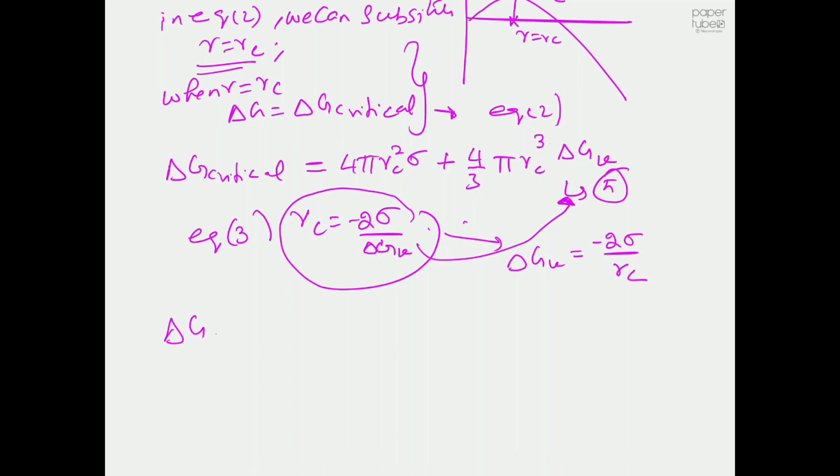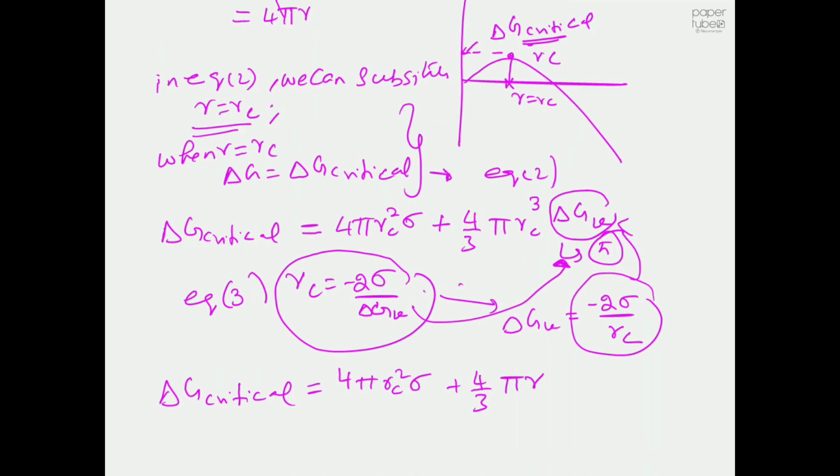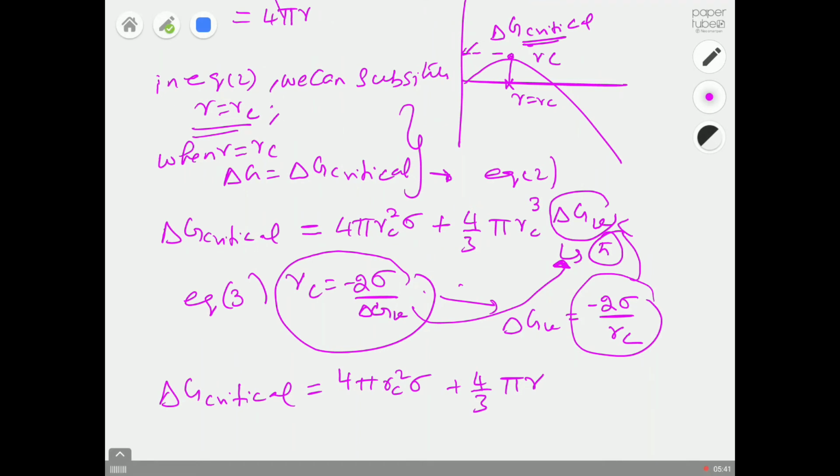So delta G critical, we are going to plug in this value for the delta GV here, so it will be equal to 4 pi RC squared sigma plus 4 by 3 pi RC cubed, and then delta GV is nothing but minus 2 sigma by RC. This is easy to expand. I will do it very quickly, it's not tough.